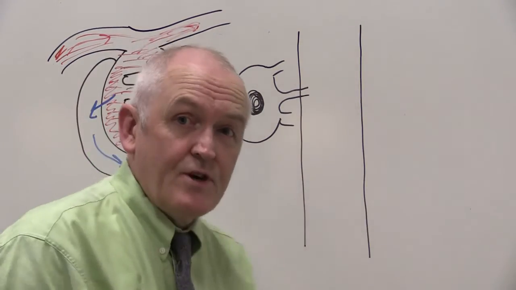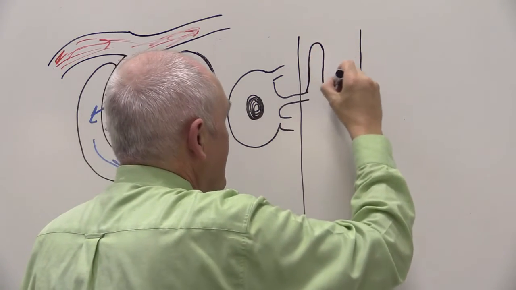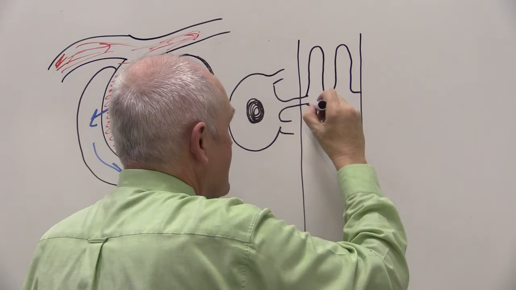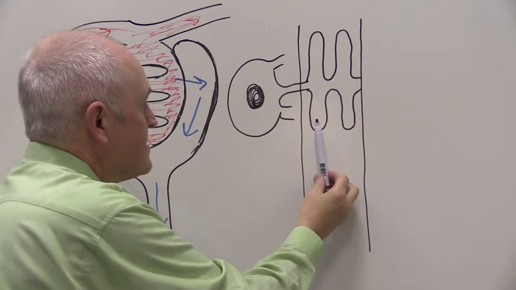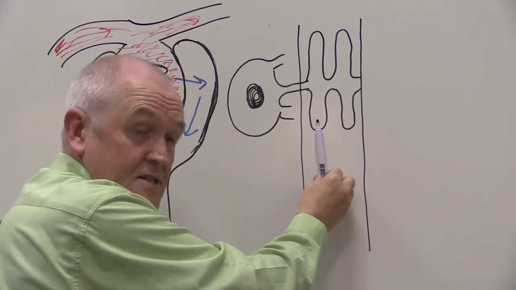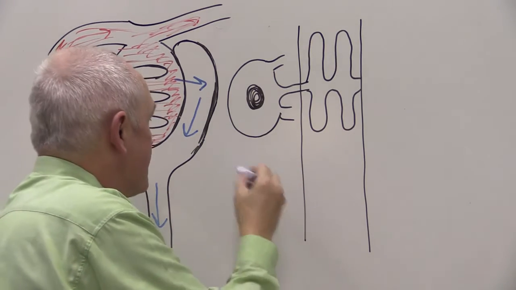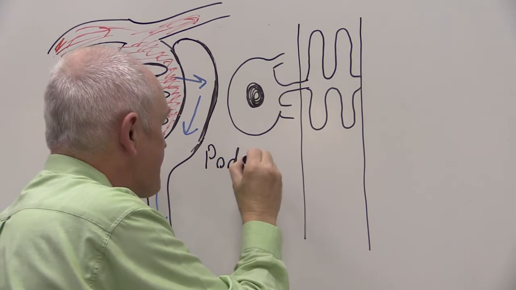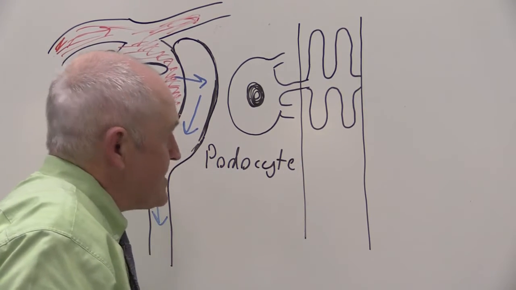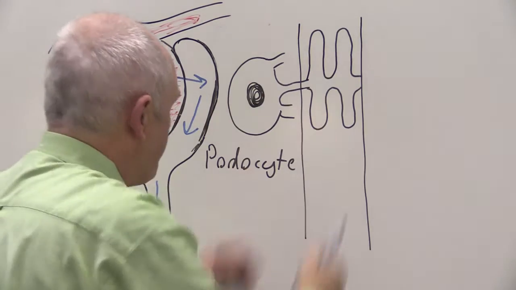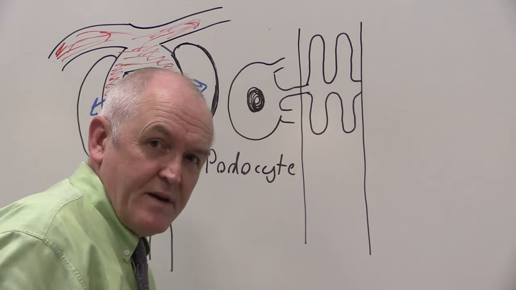And as it does so, it gives off side pedicles, smaller branches. So it's like this. So here we see the pedicles, the foot-like processes coming from the master cell, as it were here, the podocyte. This is the podocyte. And it's the podocytes that form this visceral layer immediately around about the glomerular capillaries.